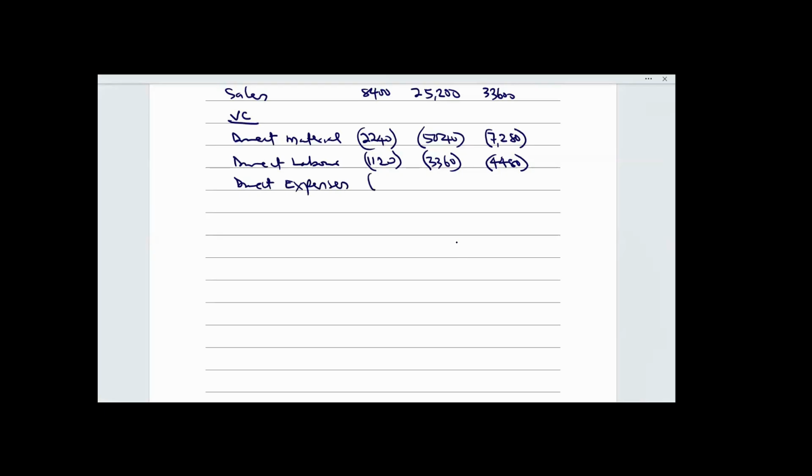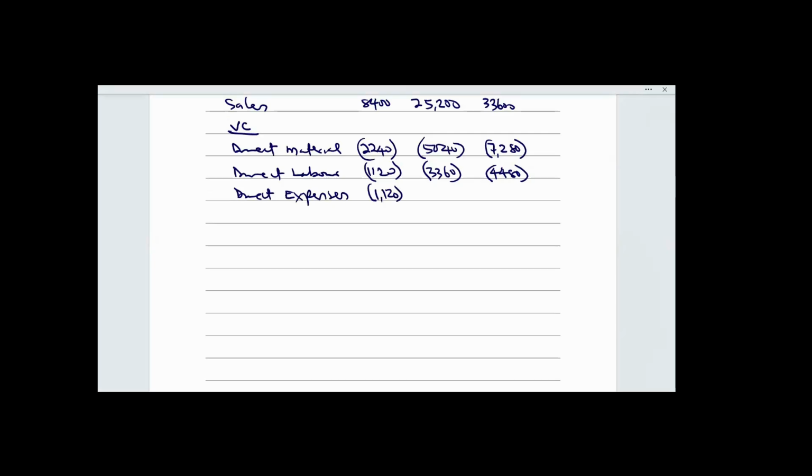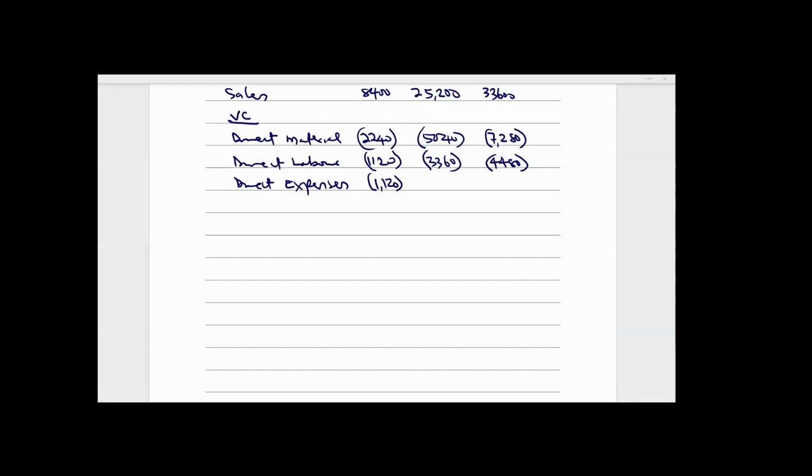Okay. So the other one is direct expenses. For A, direct expenses is 1,120,000. For B, 2,240,000. When you add it up, that will give us 3360.